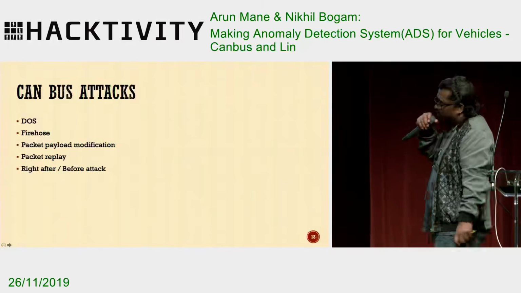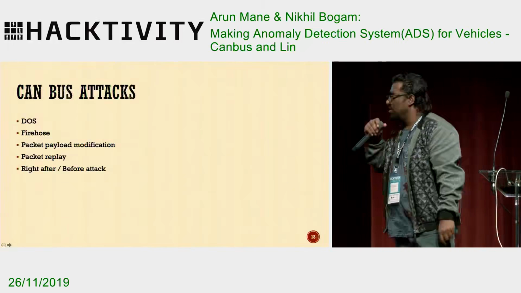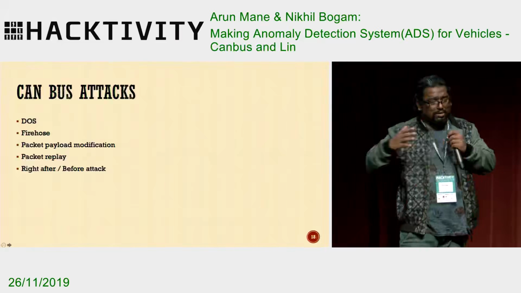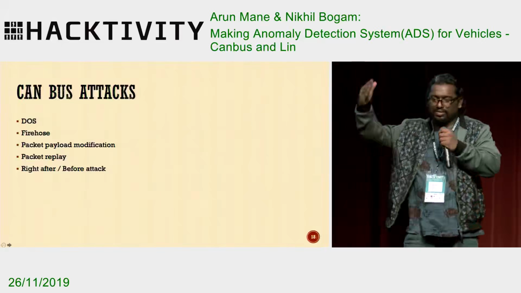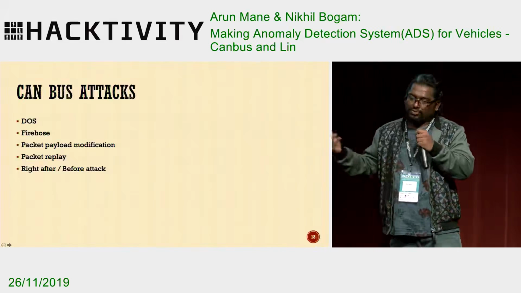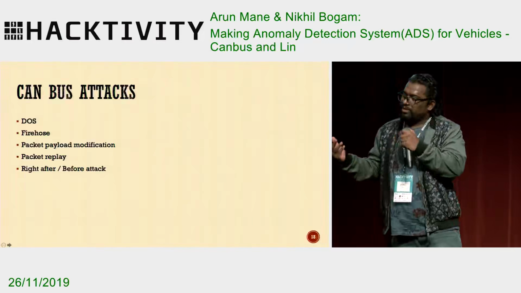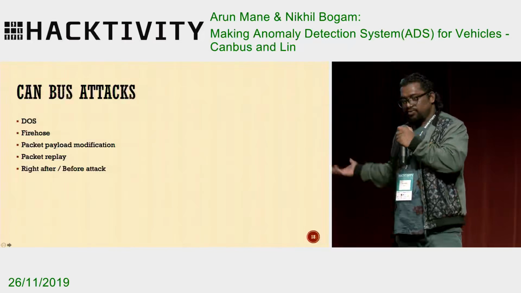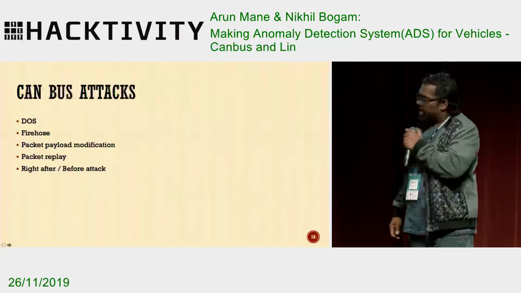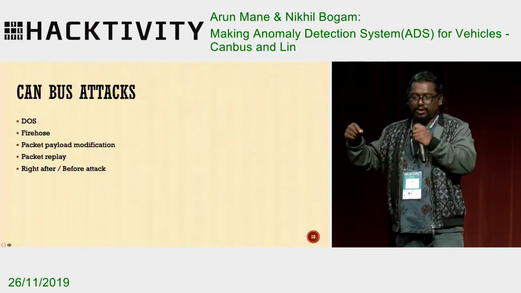So what kind of attacks can you do on the CAN bus? First, a DoS attack. When you sniff the entire communication through OBD2, or attach hardware which can receive the CAN messages from the ECU, you will see a lot of messages. The arbitration ID should be low.